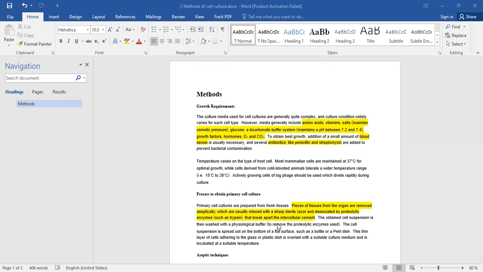These cells are then cultured. These isolated cells are sterilized using membrane filters, and the obtained cell suspension is washed with physiological buffer to remove the enzymes.